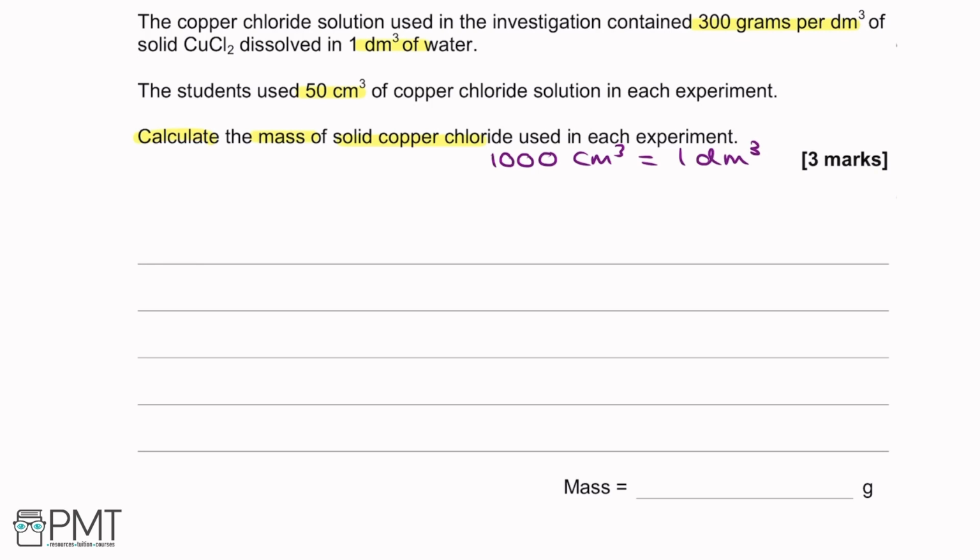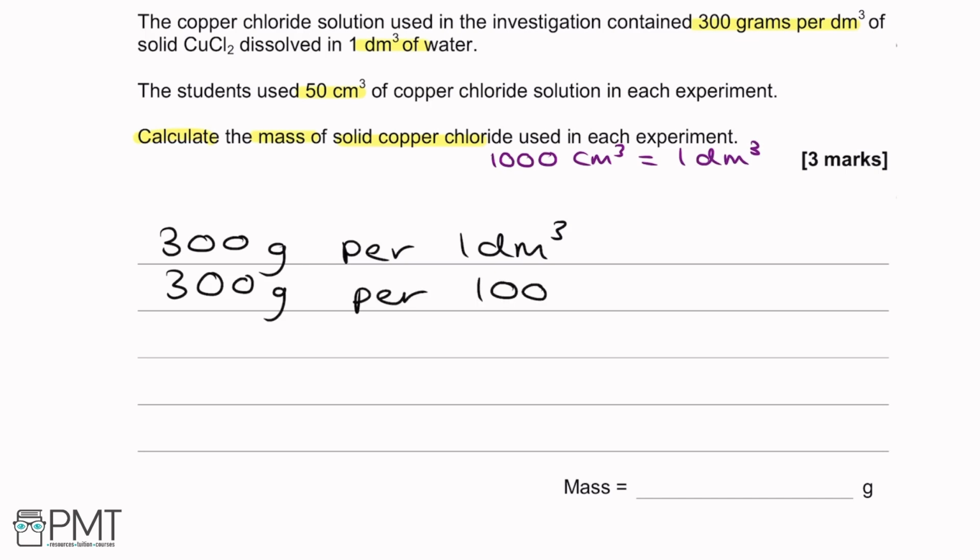We've been told that there are 300 grams per 1 decimeter cubed. Okay? So let's rewrite that differently, this time using centimeters cubed. So we can say 300 grams per 1,000 centimeters cubed.